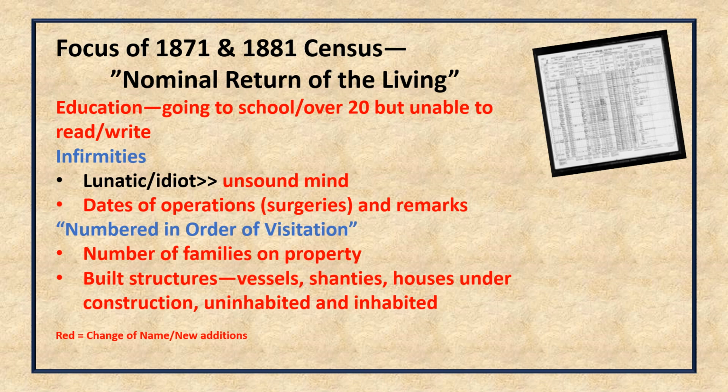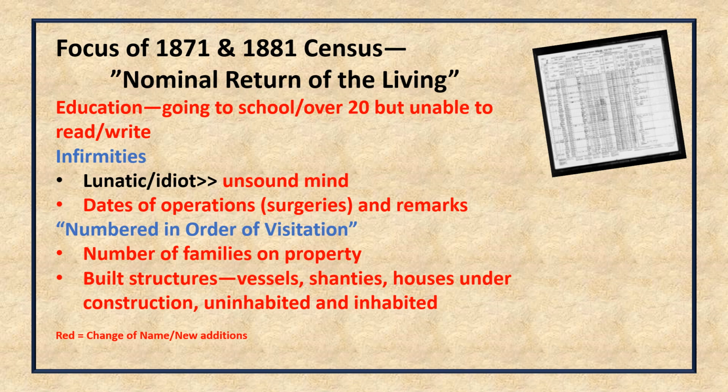Infirmities continue to be an item. Deaf and dumb and blind are there, but lunatic and idiot become unsound mind. A question is also asked about operations, surgeries, their dates, and any remarks about them.